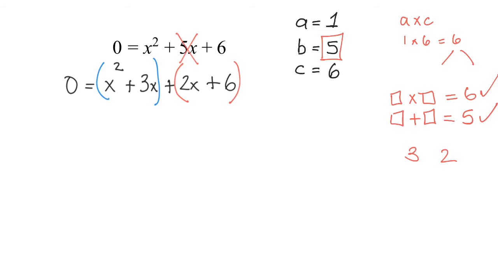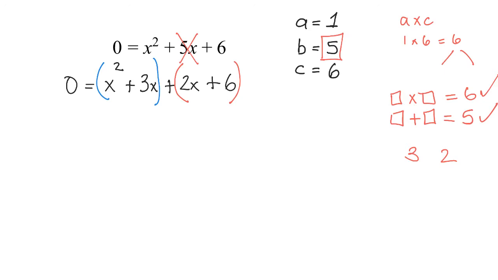And now we are going to factor each set of brackets separately. By factoring, I mean you are going to common factor each set. So let's look at the brackets encased in blue. We've got x squared plus 3x inside my blue bracket. Is there anything that these two terms have in common?